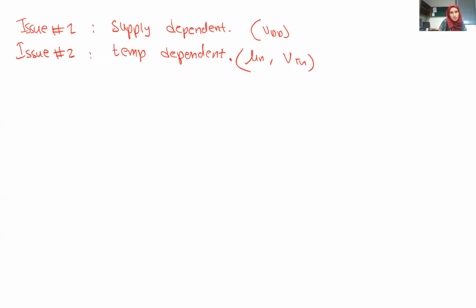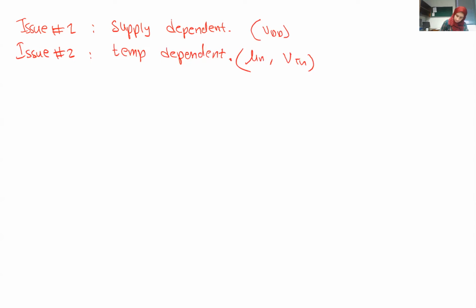The mobility and the threshold voltage of the device change with the temperature. So we need something that is basically independent of these changes, and that can be the ideal solution. So let's see how we can reach there.